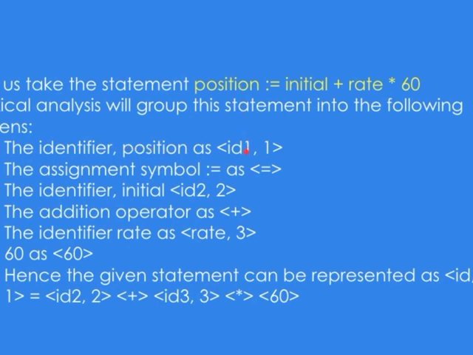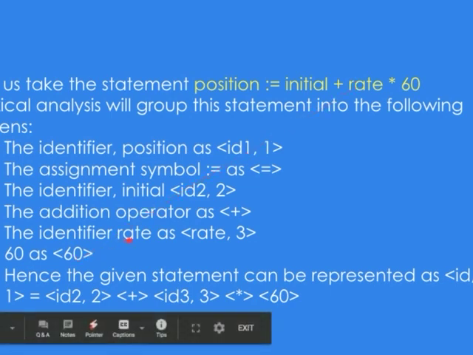It is given a token name ID1, and 1 is the index value of ID1 in the symbol table. The second operator is represented like this, equal to. The third, again an identifier, so we name it ID2, second index. This is added. The next symbol is rate. Rate is again an identifier.